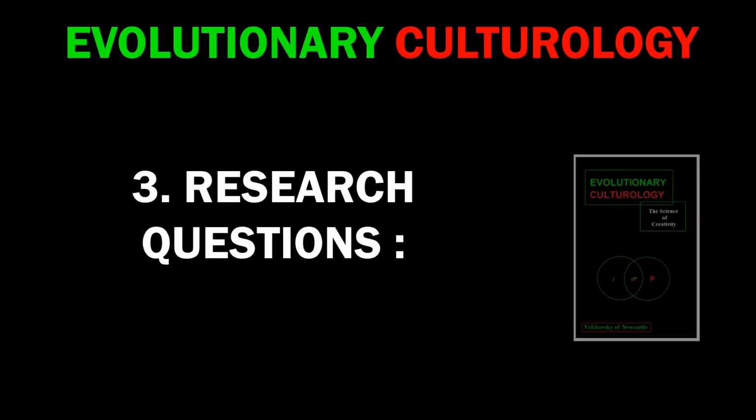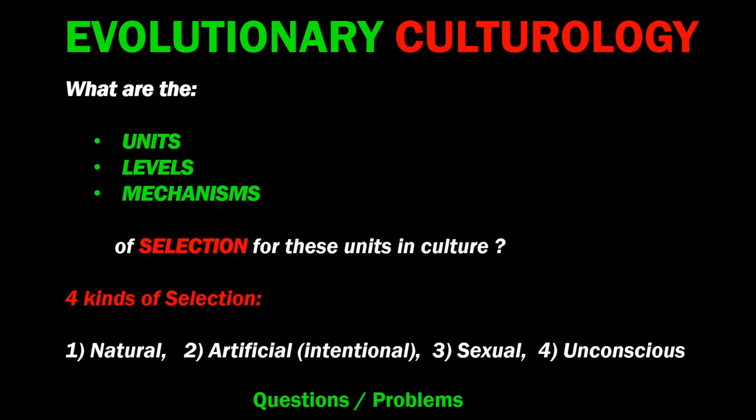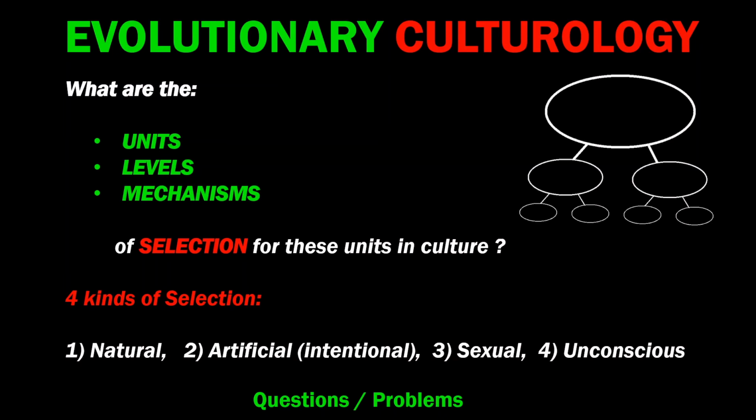And as for the research questions that come up in evolutionary culturology, the key is, why do certain ideas, processes and products, or memes, units of culture, go viral in culture, and what are their function, history, mechanisms and development, from Tinbergen's 4 questions, and what are the values behind them? Are they pro-social or more corporate values? So in terms of what the units and levels are, and the mechanisms of selection, there's 4 kinds of selection: natural, artificial, sexual and unconscious.